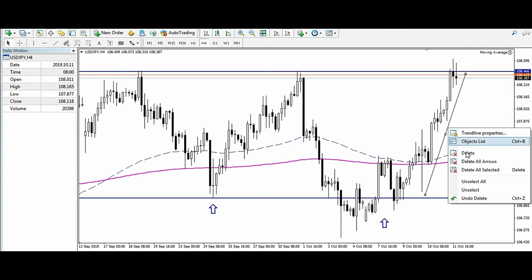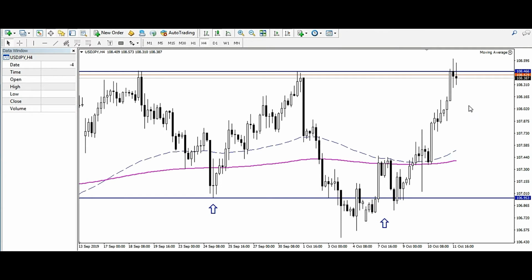Now, how do we take the trades? We can take the trade right now because it's right at the resistance, and it's showing some indecision candles, or we might wait for some more bearish confirmations, some big bear bars right here, which will further indicate that the market is going to go down from here.